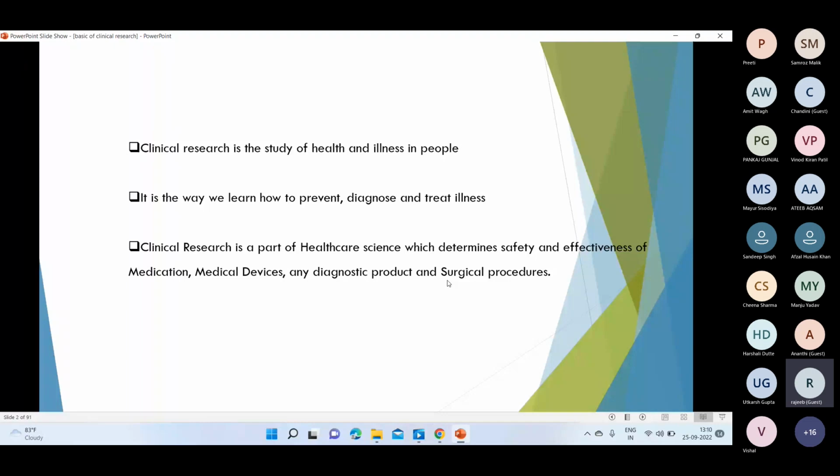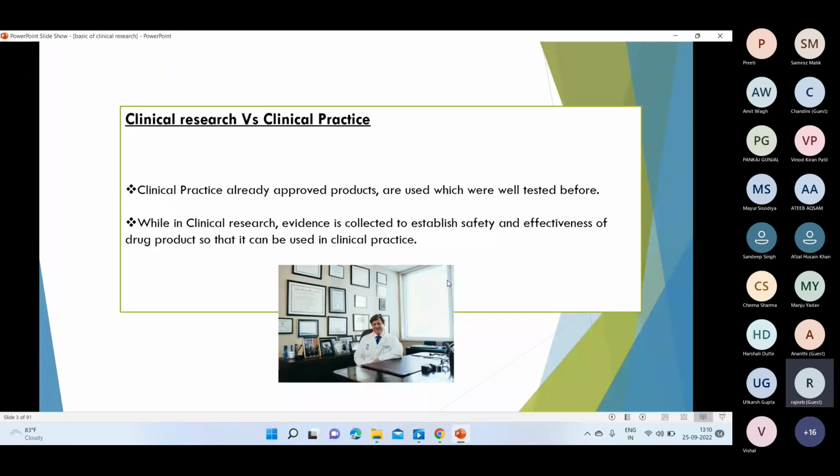Okay, so now what is the difference between clinical research and clinical practice? Clinical practice is, whenever you are visiting a doctor, what he is doing is clinical practice, because he is already prescribing the products which are already approved, which are already well tested. While in clinical research, we gather the evidence. Why do we gather the evidence?